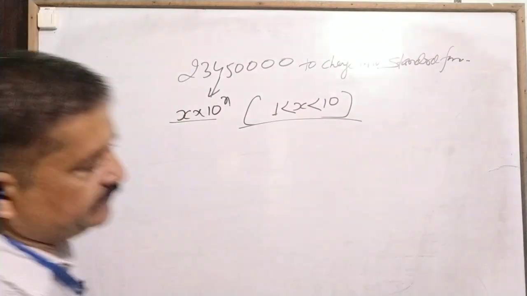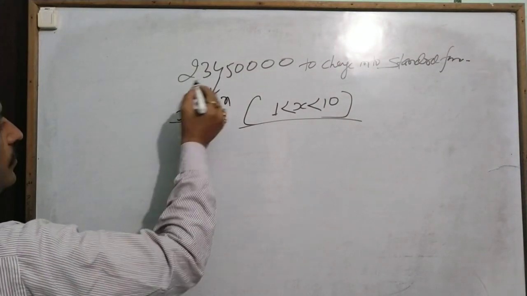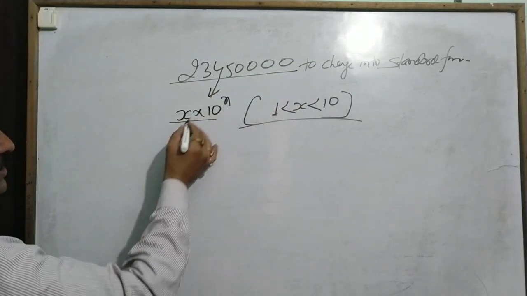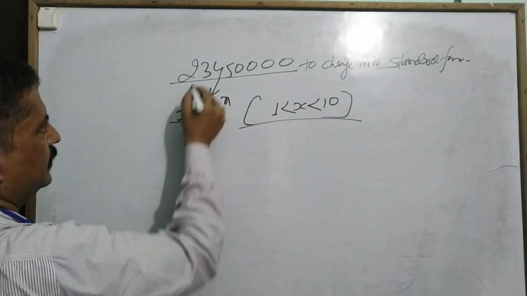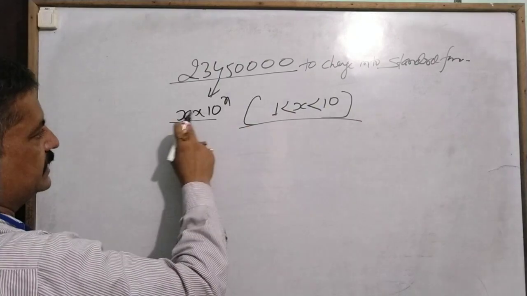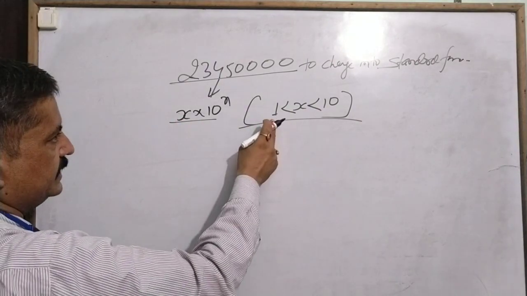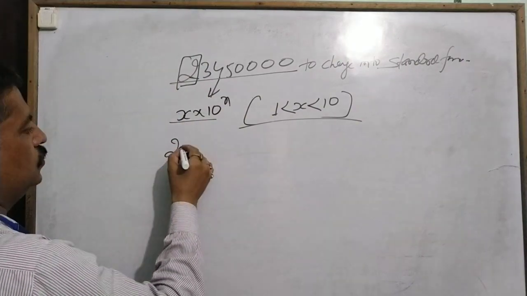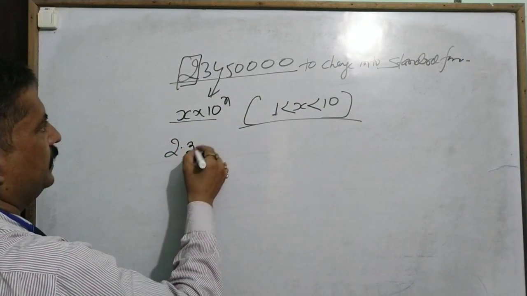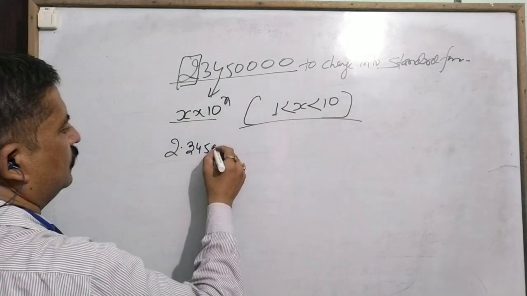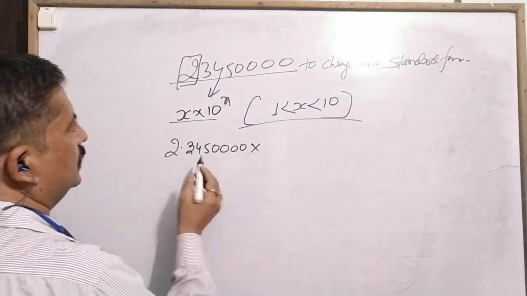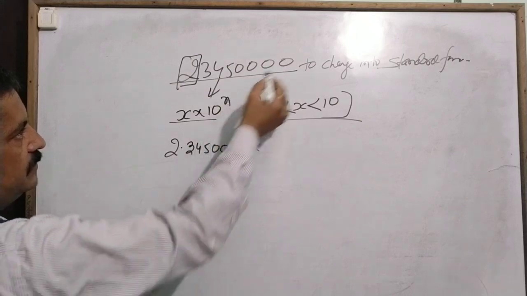First of all, if the number is very large, you change it into x, which is greater than 1 and less than 10. So say the number is 2.345 and so on.